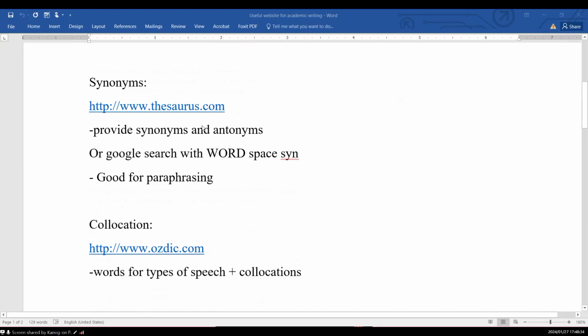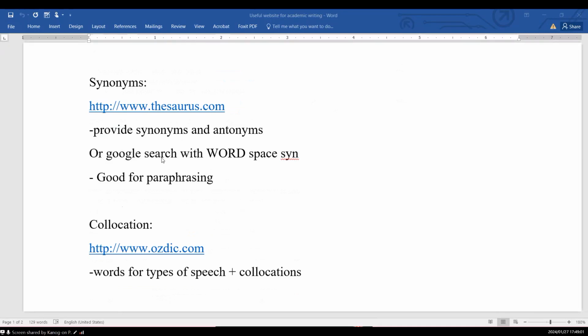I think most of you commonly use a thesaurus to search for synonyms or antonyms. It can make your research not boring if you use different terms instead of the same term repeatedly.